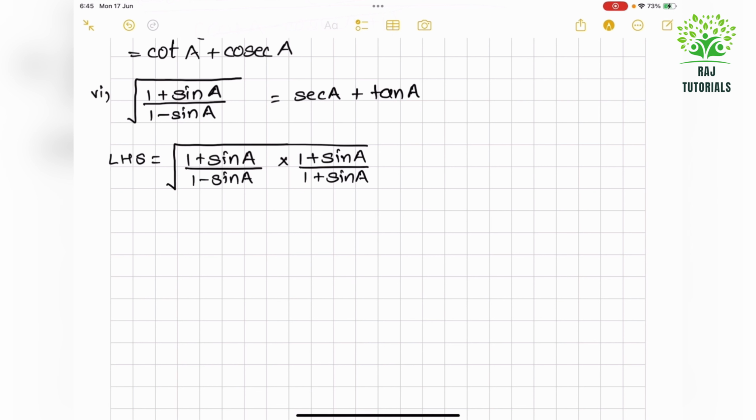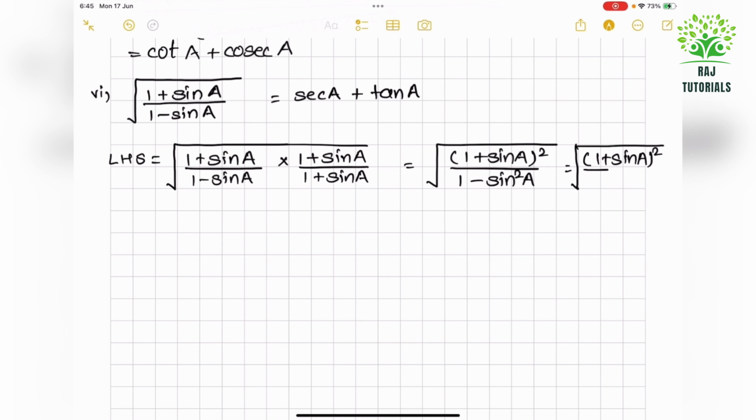So I am multiplying with (1 plus sin A) upon (1 plus sin A). So this will be root of (1 plus sin A) whole square upon (1 minus sin square A). Now 1 minus sin square A means cos square A.